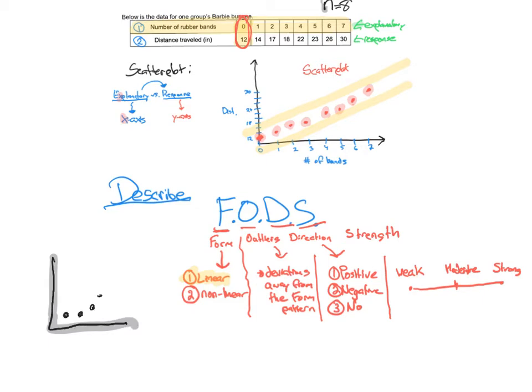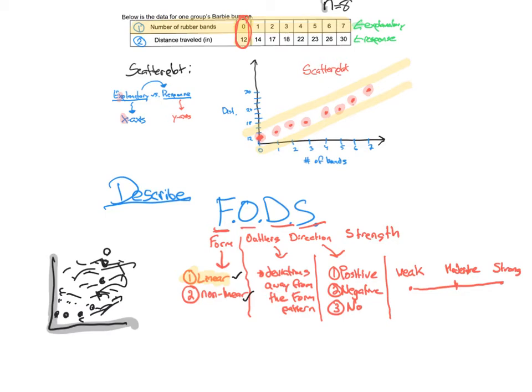This would be clearly nonlinear because it definitely has a nice sharp curve to it. Other nonlinear might be just scattered all over the place, where I can't even figure out if it has form or not, and I'm going to call that nonlinear. So linear or nonlinear.